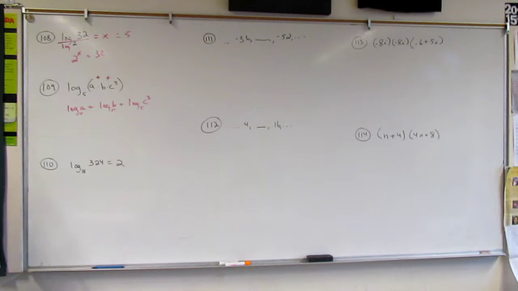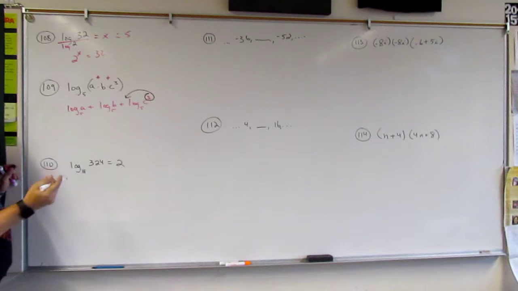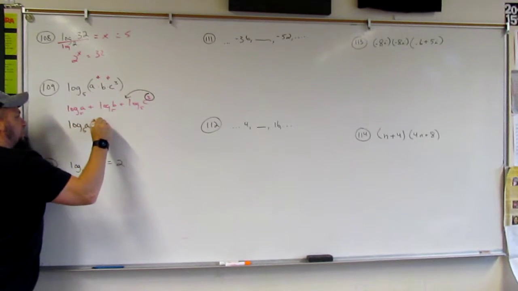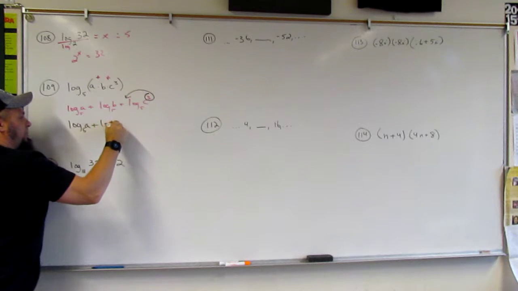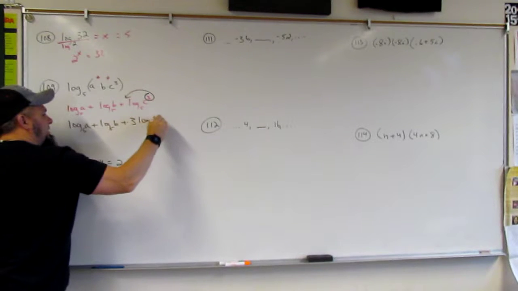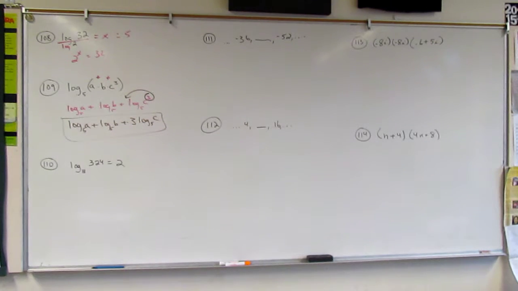Okay, and then we just have to expand this third. So we bring it out in front. So we got log base 5 of A plus log base 5 of B plus 3 log base 5 of C. And that's it. Expanding with letters instead of with numbers. Okay?